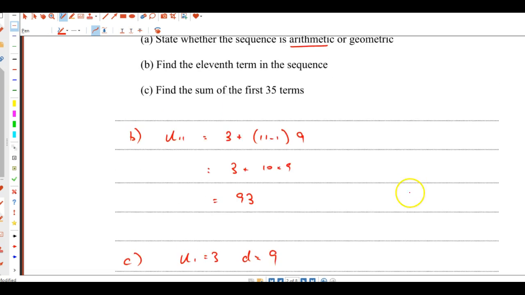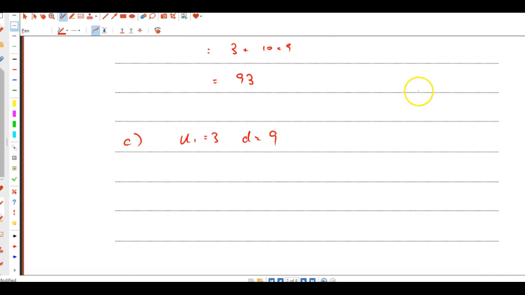Now, it's an arithmetic sequence, and we want the sum of the first 35 terms, so S35 equals 35 over 2, then 2u1, so 6, plus, remember we're using the formula we just came up with, 2u1 plus n minus 1 times the difference.